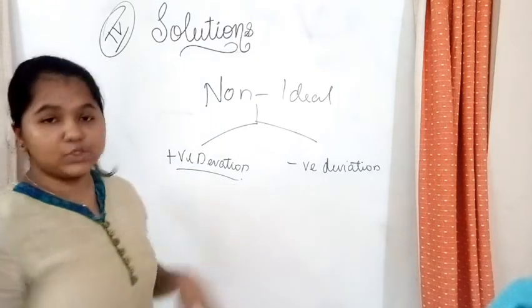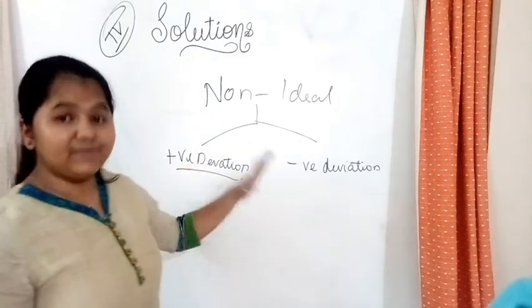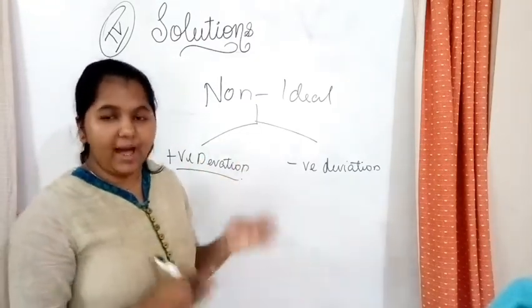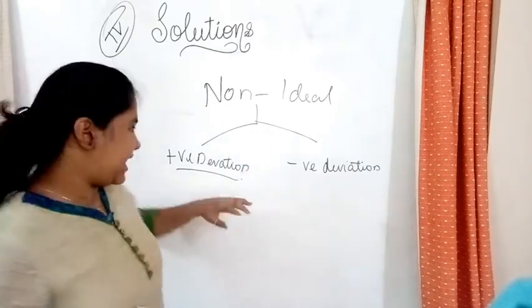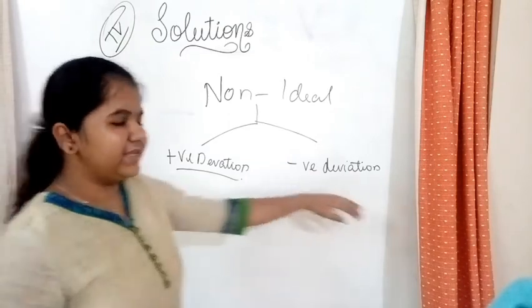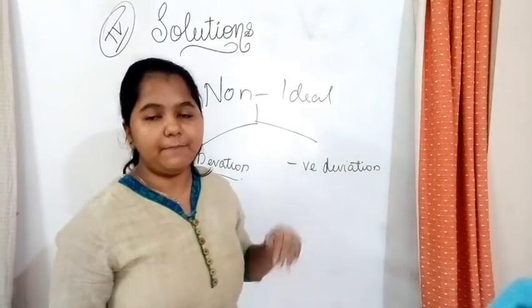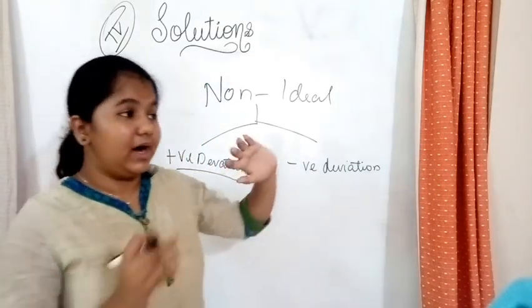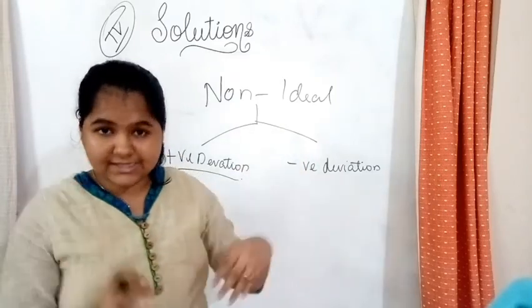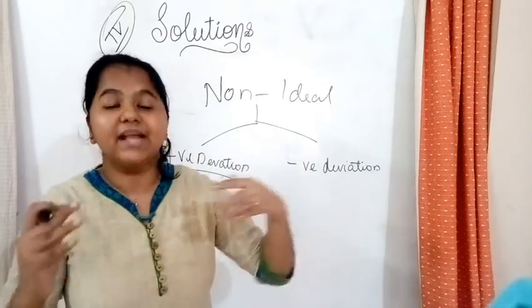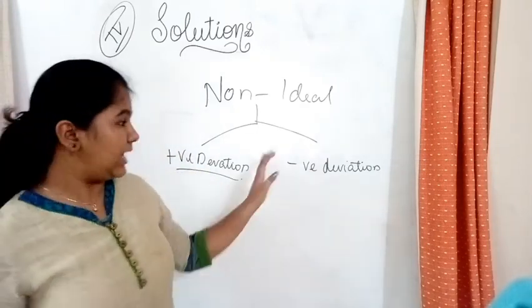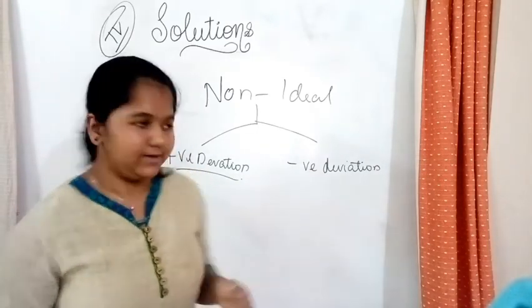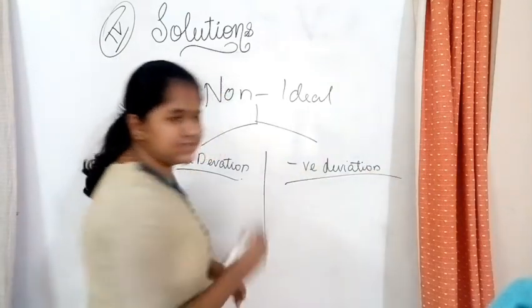The calculated vapor pressure using Raoult's law and the experimental one would have a difference of a positive value. That is positive deviation. In the negative case, the vapor pressure calculated by Raoult's law would be higher than what you get by doing the experiment. Let's see the points that come under positive and negative deviations.